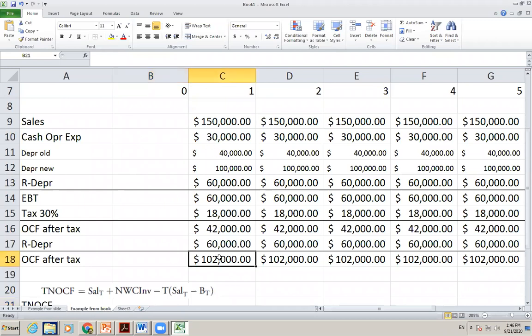We should add the depreciation back to the operating cash flow after tax. We're always adding back the depreciation, because depreciation is a non-cash item, and in estimation of the cash flow you should always add it back. We subtract it earlier only because of its effect on the tax payment, to reduce the tax payment.